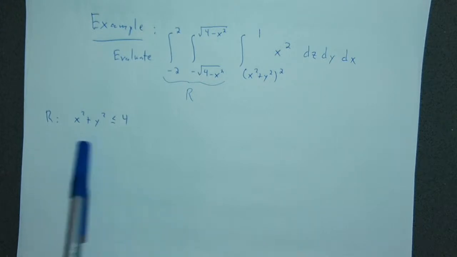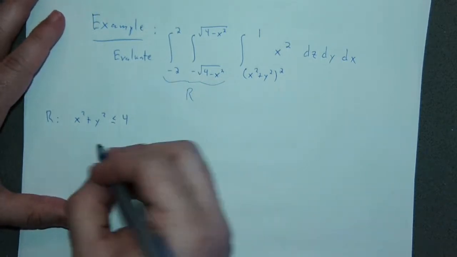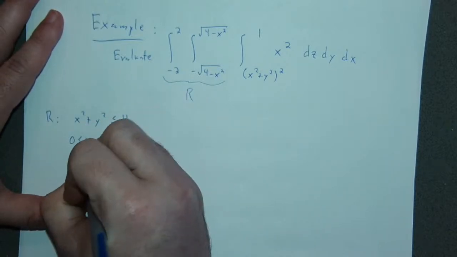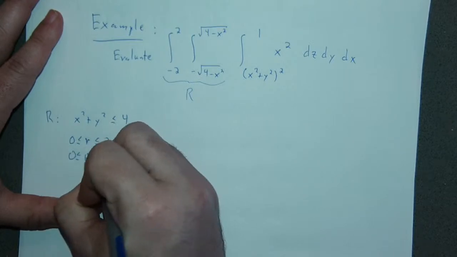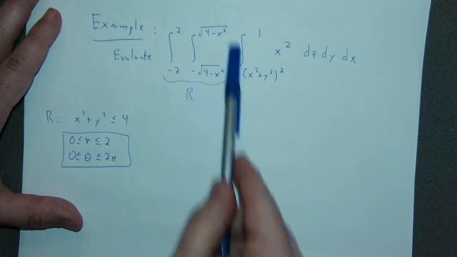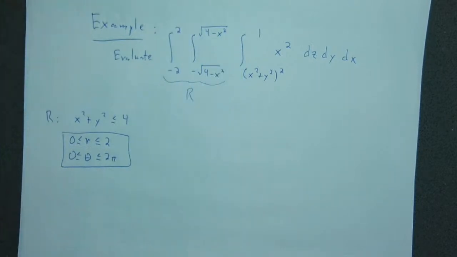In polar coordinates, this is really easy. It is little r bounded between 0 and 2, and theta bounded between 0 and 2 pi. In rectangular coordinates, it looks like this, and it's a lot nastier.